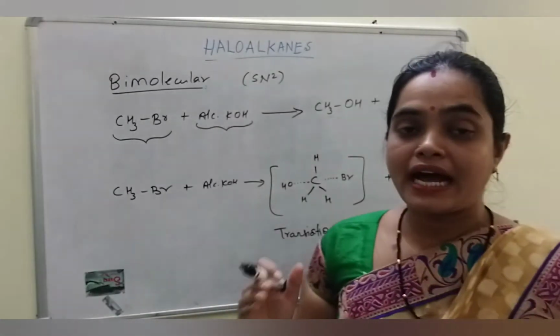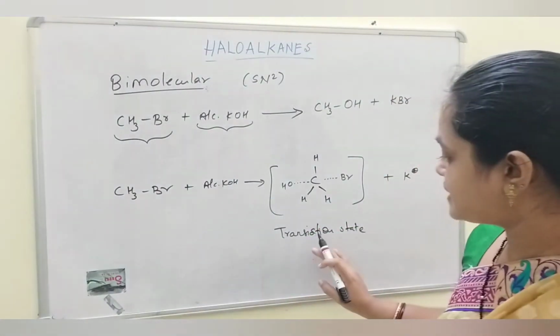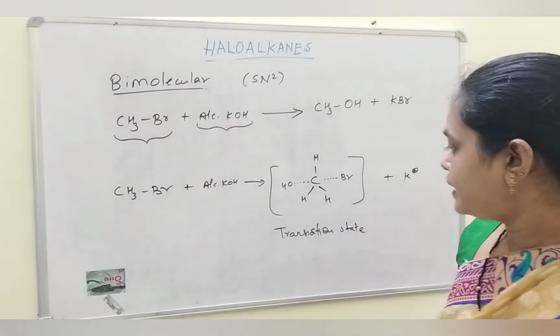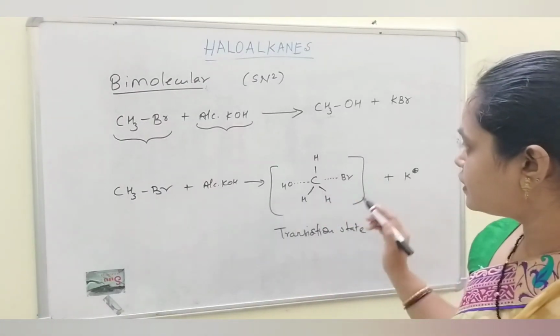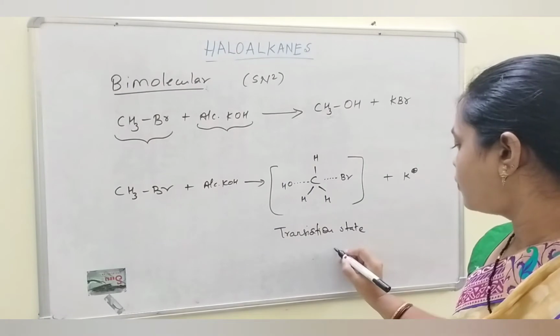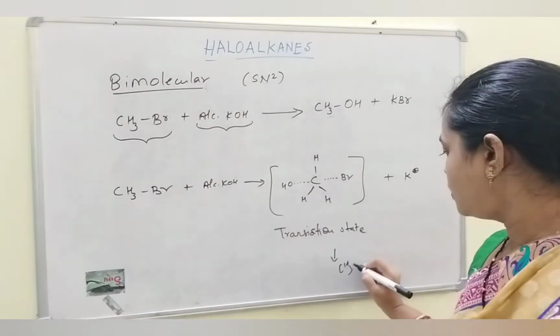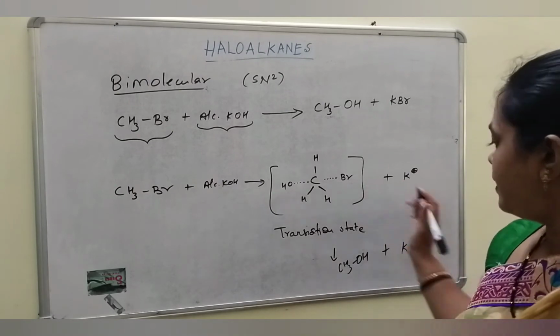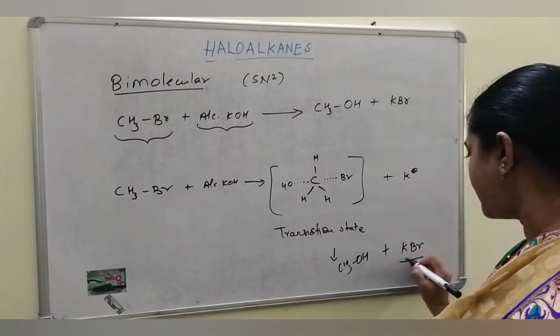These both steps occur simultaneously. They form a state called the transition state. After this transition state, they form alcohols. CH3OH is formed, and along with K, Br is removed as KBr.